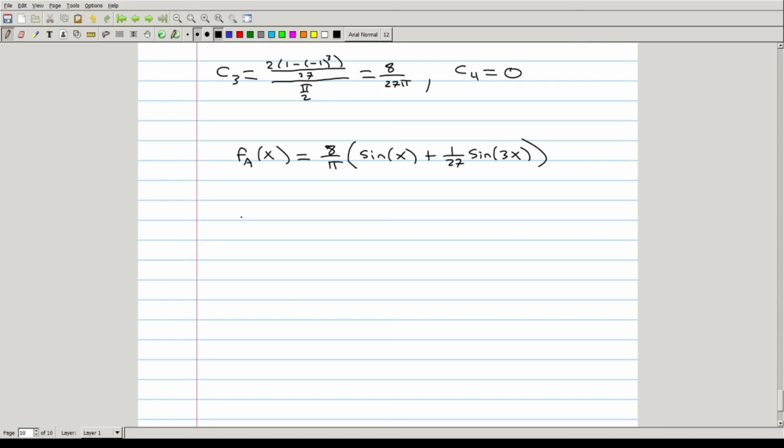So we call the L2 error the norm of f minus fa. This is the function norm that we introduced before, which is just the square root of the inner product of the function f minus fa with itself.